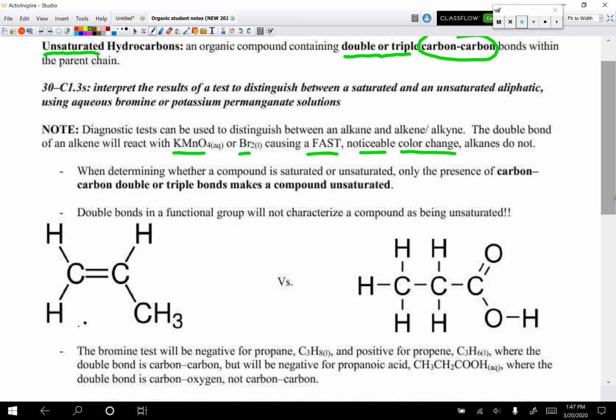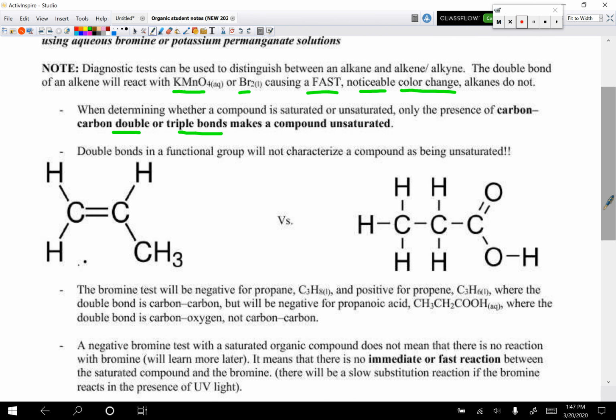Now, we have this test, right? It's a diagnostic test, just like litmus is a diagnostic test for acids and bases. This is just one for our unsaturated compounds because they only change when there is a carbon double or triple bond. Now, what you're looking for is something like this.